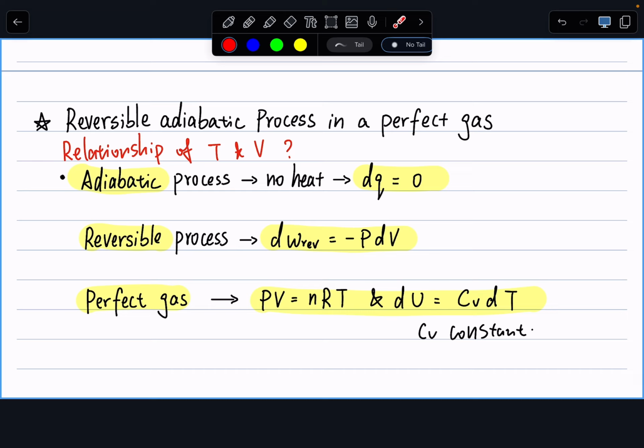Yes? When would Cv not be a constant? Whenever we're not talking about an ideal gas, then my Cv is not necessarily a constant. For ideal gas only, my Cv is a constant. More often, it's not a constant.